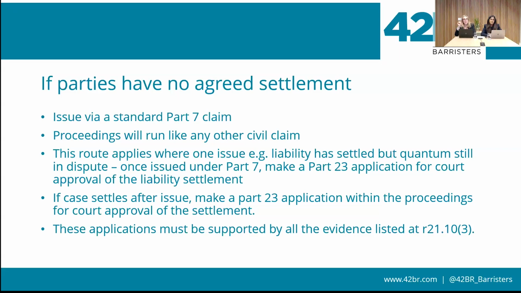And those applications, whether it's for approval of a liability settlement or approval for a later settlement agreement, you still have to include all of the things that are set out in Rule 21.103. So that's that big list of things you have to attach to the claim form. You still need to put that in.